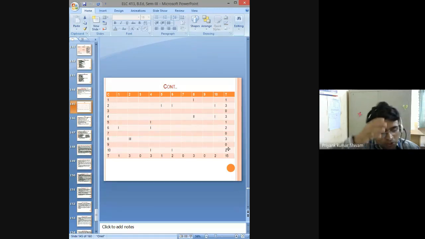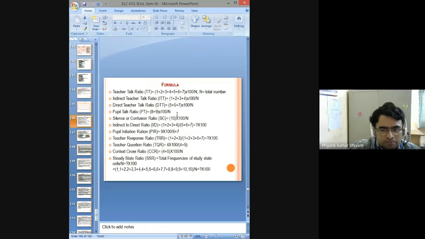So 3 plus 0 equal to 3, divided by 15 into 100. So do up to this much. Content cross ratio, then steady state ratio, I will tell you.